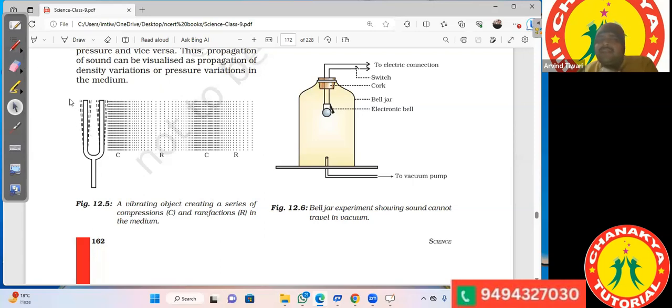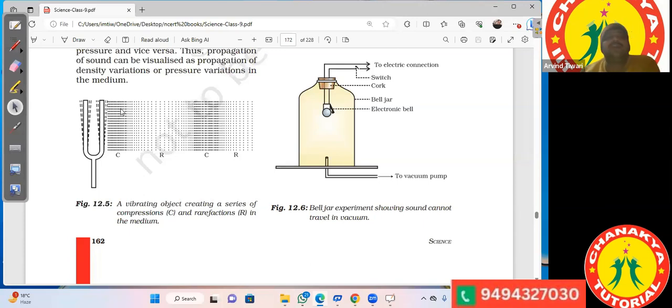When you strike it on any surface, these two prongs start vibrating. When they vibrate, they will vibrate the air nearby. They strike the air molecules and the air molecules get compressed. Since air is a gas, the molecules of this gas get compressed.